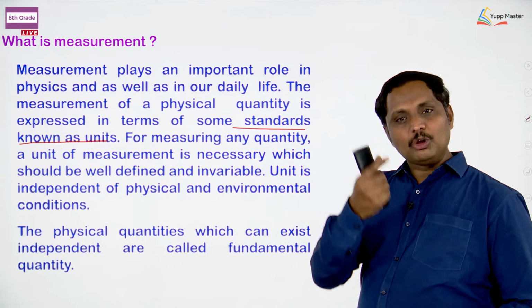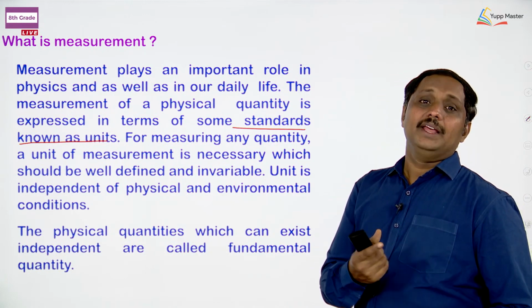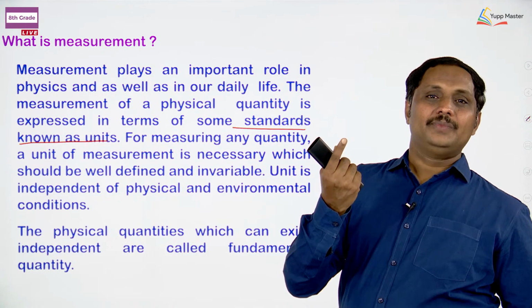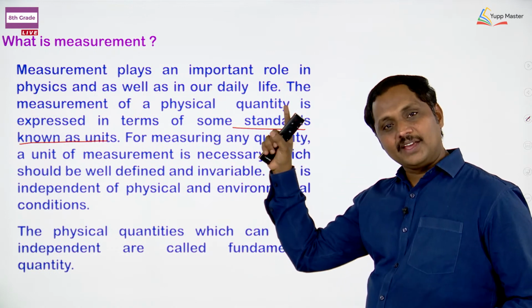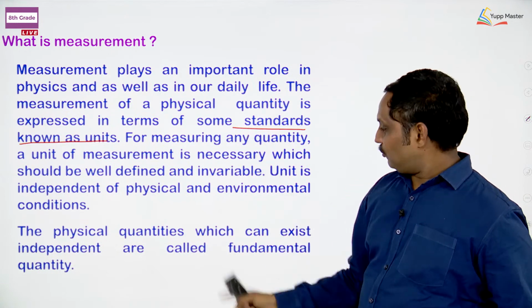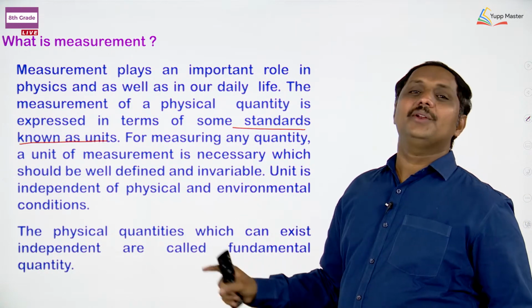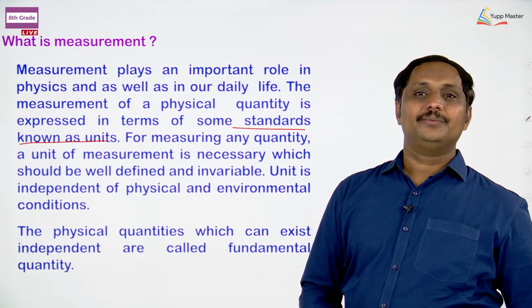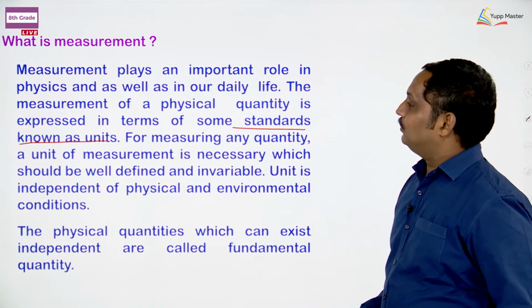Some fundamental units are also there, and they are not going to depend on others. Suppose you take force, that depends on mass and acceleration. The fundamental units are not going to depend on anything else, right?